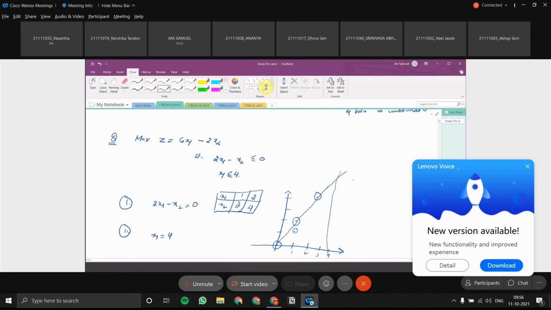Now x1 is less than or equal to 4. So this was this region and less than is this region. So the entirety of the feasible region is this. I hope there isn't any problem in identifying the feasible region from everyone, right? Yes, sir. This straight line goes something like that.